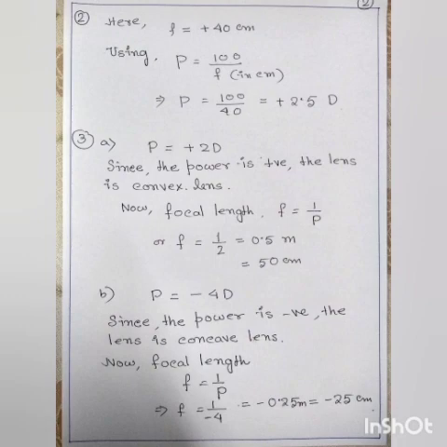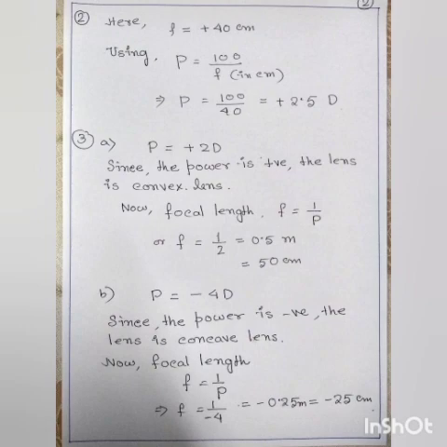If you use the formula f equals 100 by p, then you can directly get the focal length in centimeter. But as we are using f equals 1 by p, first you will get the focal length in meter, then you have to convert it into centimeter.